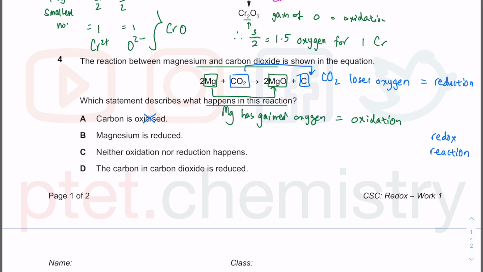Magnesium gains oxygen, so magnesium undergoes oxidation, so saying magnesium is reduced is wrong. Neither means nothing happened, and that is wrong because we can clearly see there is oxidation and reduction. The carbon in carbon dioxide gets reduced. The carbon dioxide loses oxygen, so carbon dioxide gets reduced. That is correct. This is our best answer there.